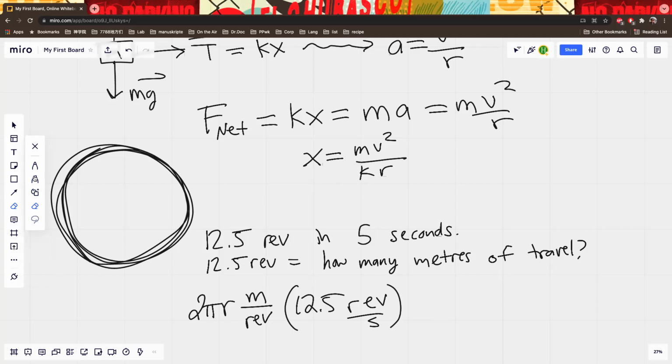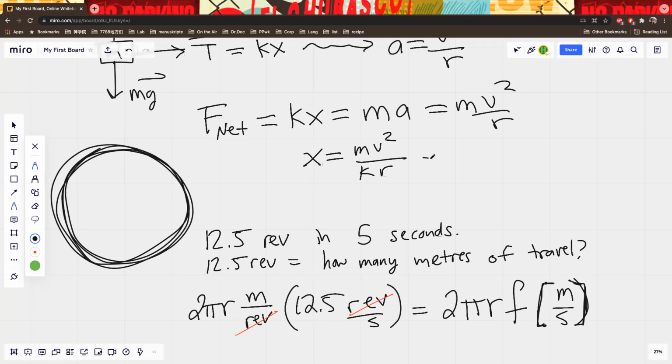Now in terms of unit analysis, we have revolutions at the top and bottom, and we end up with just meters per second in the end. This is 2 pi r times frequency, which is in revolutions, and that's going to be in meters per second. Does that make sense? Yeah.